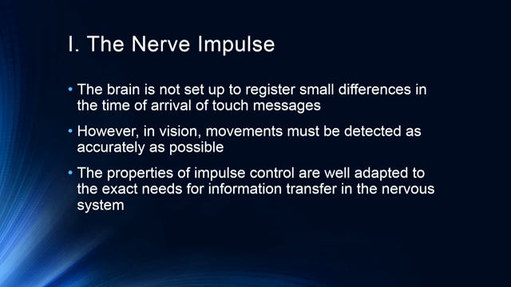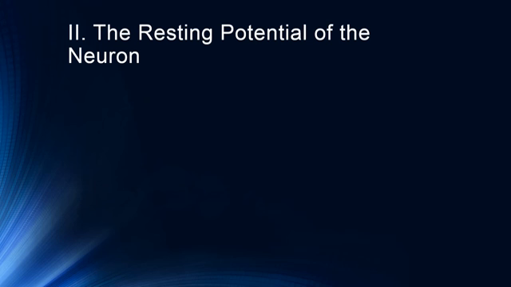So we don't detect subtle differences in touch messages, but we can detect very subtle differences in visual processing, because that's how we process movement, that's how we process changes in luminance, color, all sorts of other things. So this impulse control and this signaling nature is really important for turning on and off the messages from neurons.